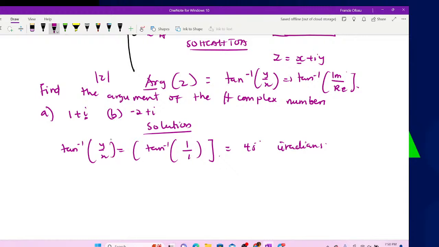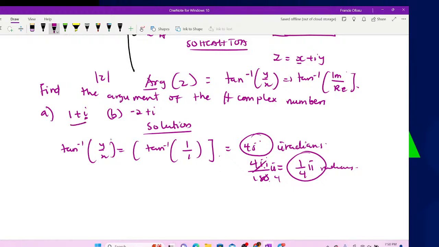So converting this to pi radians, we simply divide 45 over 180. And what is 45 into 180? 45 will go into itself 1 and go into 180, 4 times. So this is equal to 1 over 4 pi. So the answer is either 45 degrees or 1 over 4 pi radians, and that simply gives the argument of this.